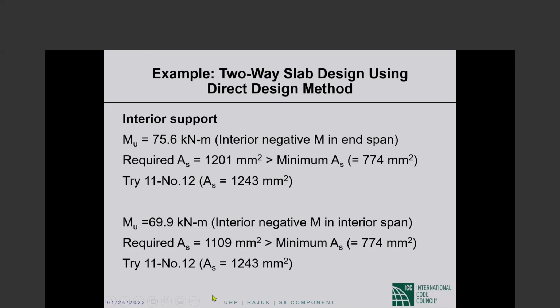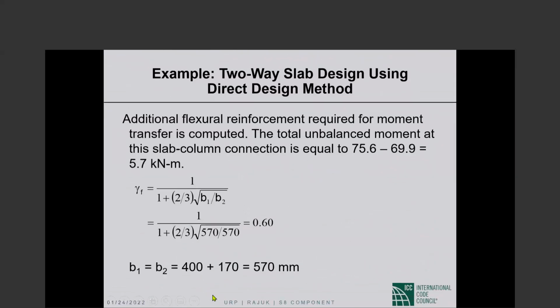We provide the larger amount. The unbalanced moment, as I said, is the difference between the 75.6 and the 69.9, a very small 5.7 kilonewton meters.